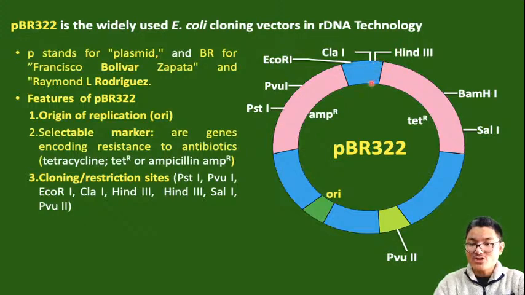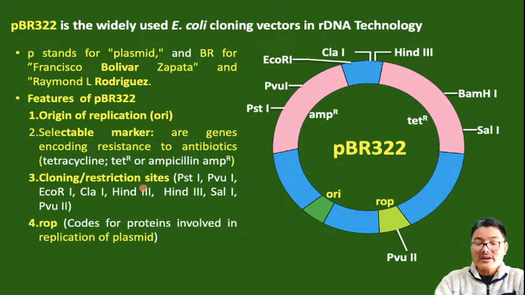If we want to cut this DNA with BamHI as the restriction endonuclease, we can cut only at this position. There is no cutting position for BamHI in other locations. So they are different cloning sites and restriction sites, and most of these have just one recognition site, cloning site or restriction site.